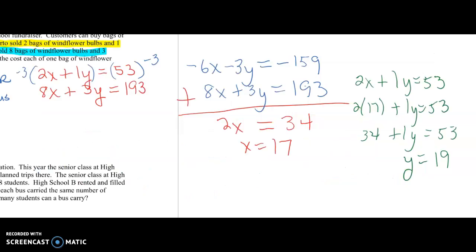I'm going to multiply that first equation by -3, so I get rid of the y's. The y's go away. I'm left with 2x equals 34. When I combine both equations, I get x is equal to 17. Using the first equation, I'll plug 17 for x to solve for y, and so I get y is equal to 19.